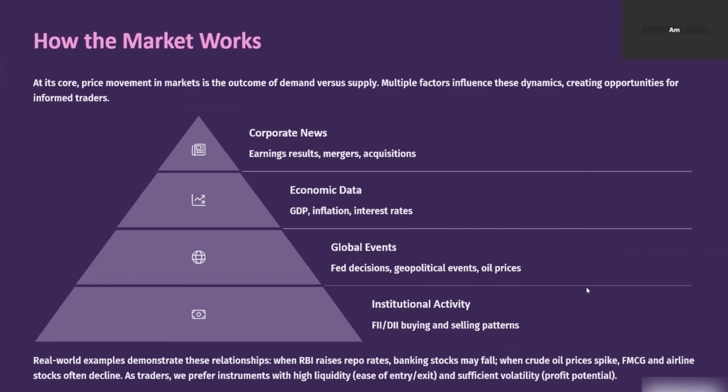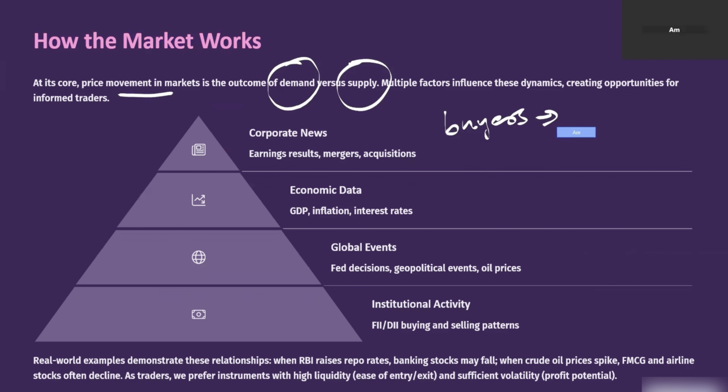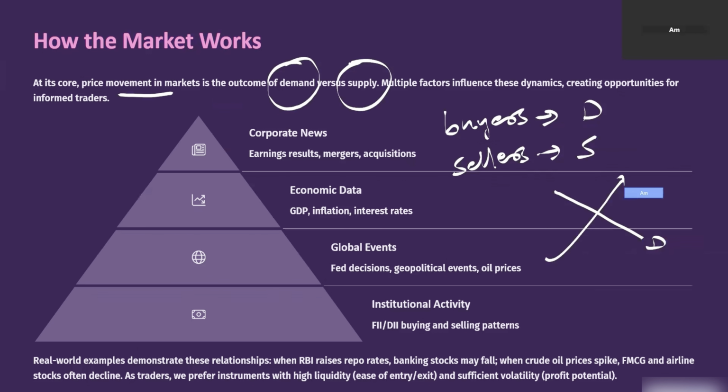Now let's move on to how the market works. The price movement is very important. When we talk about price movement, it's ultimately based on demand and supply. The buyers create demand and the sellers create supply. Let's say this is the demand curve, and this is the supply curve. At one point the demand meets the supply.